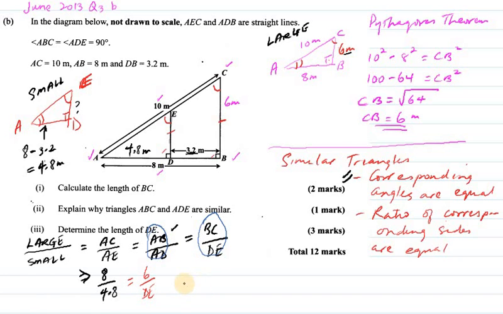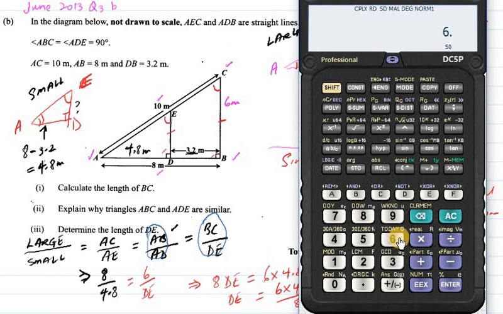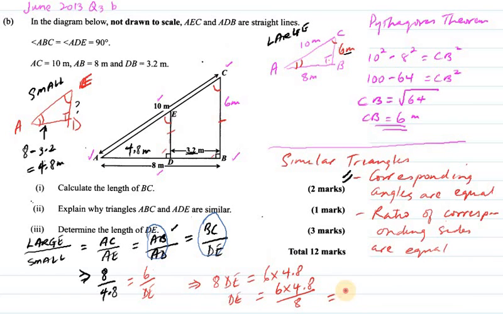From this we could cross multiply and we get 8 times DE is equal to 6 times 4.8. So DE is equal to 6 times 4.8 divided by 8, and I get a length of 3.6. So the length DE is equal to 3.6 meters.